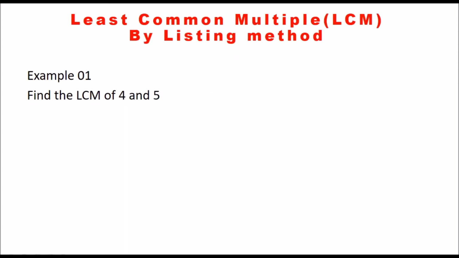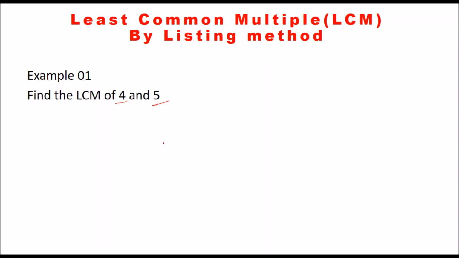So we are going to look at the example. We have to find the LCM of 4 and 5. We are going to use the listing method. You know how the listing method works, because we have seen it in finding the greatest common factors.